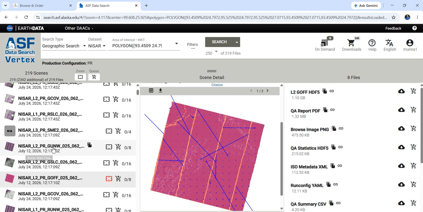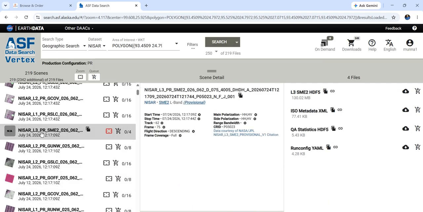So these are the level 1 and 2. Now we are going for the 3. Here, level 3 products are representing the higher level science products derived from earlier processing stages. That means, depending on the mission release, they may include products such as surface deformation mosaic or forest biomass, soil moisture, change detection, and also the regional monitoring datasets. For example, I will take this SME2.